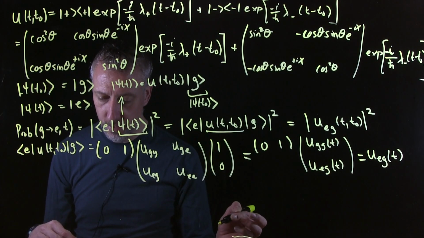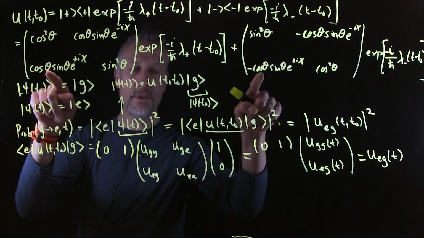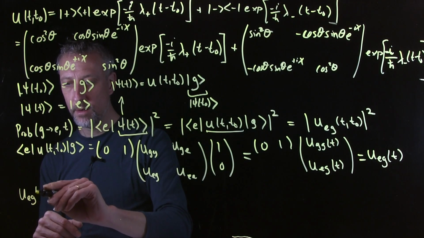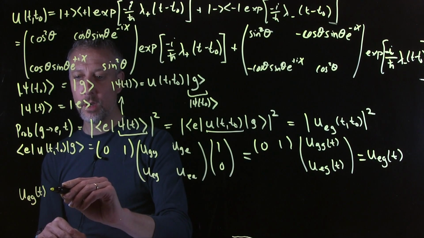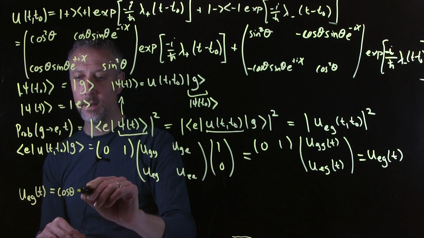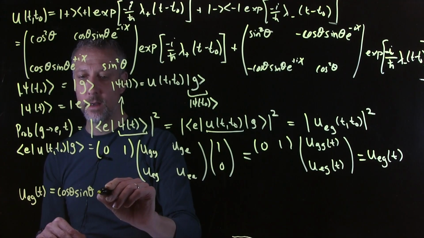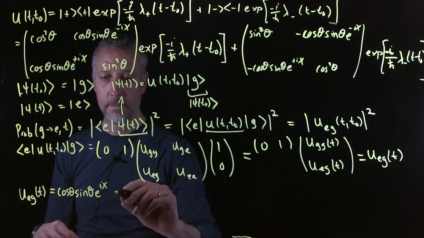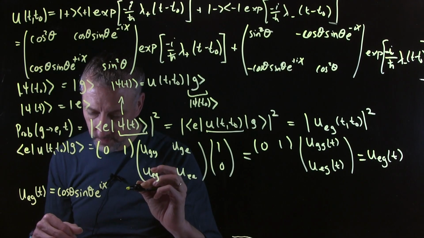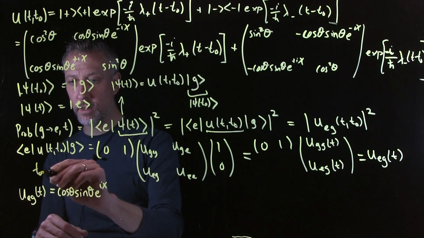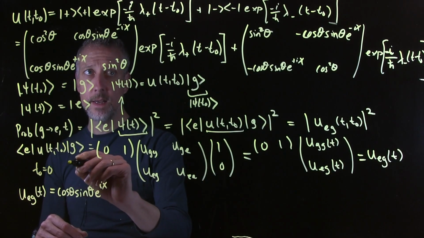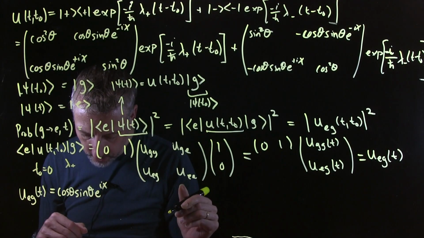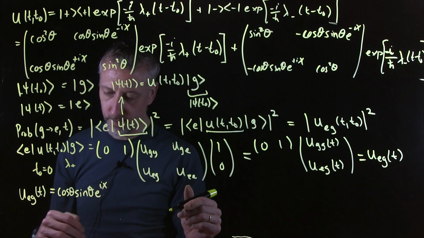Okay, so we can write that down. If we just look at the EG element, the bottom left of each of these things, UEG is just equal to cosine theta sine theta e to the I chi, then we have this bit here. I wanted to simplify, there's a lot of writing. Let's make T0 equal 0, and let's let lambda plus, I'll just leave the H bars in, doesn't matter.